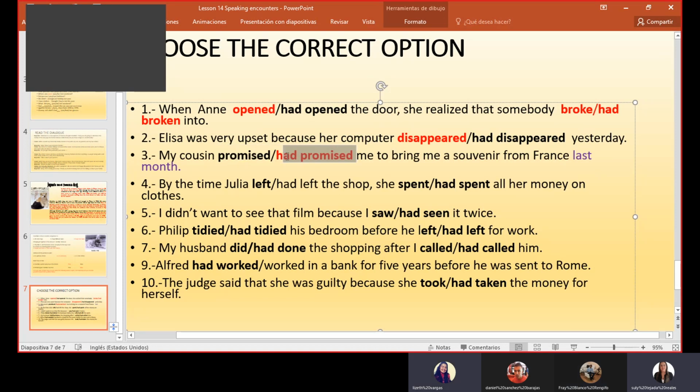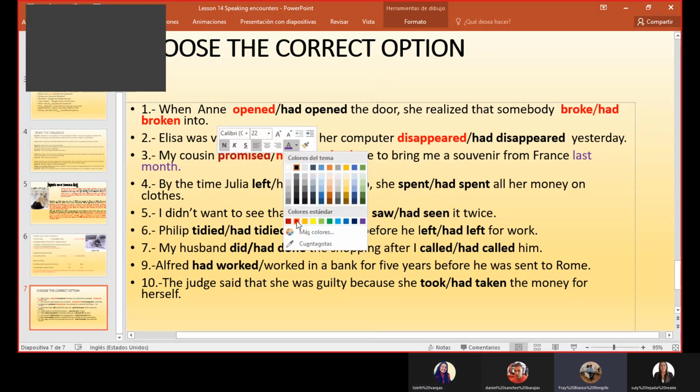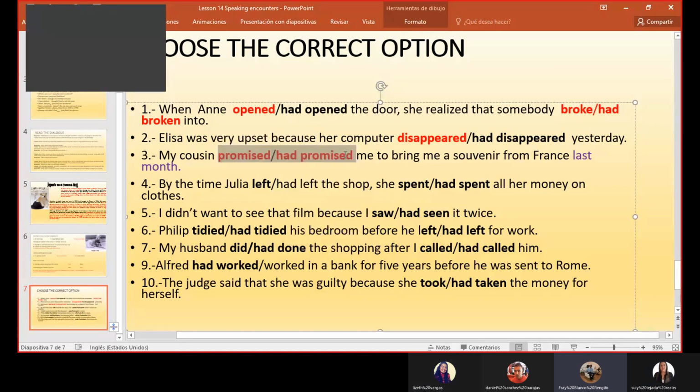Entonces Angie lo hizo bien. I'm sorry, Angie. Claro, porque es algo que ya pasó.